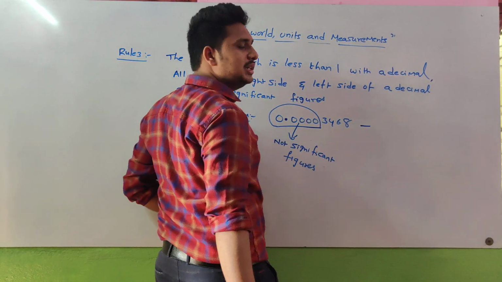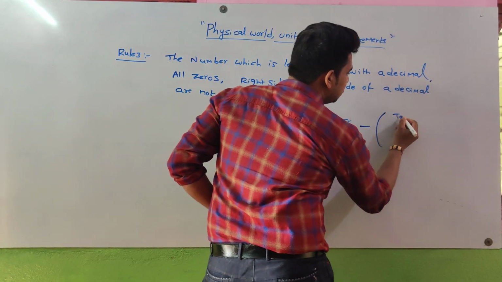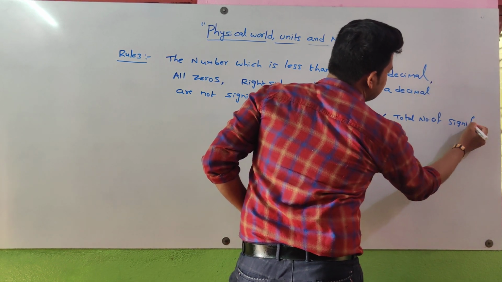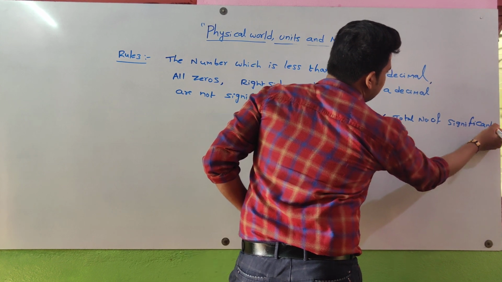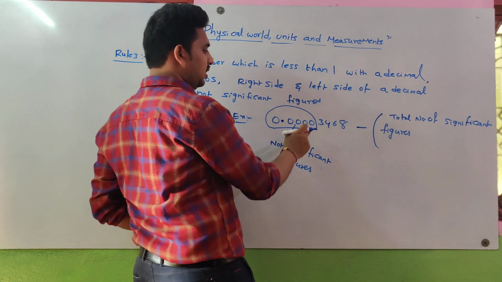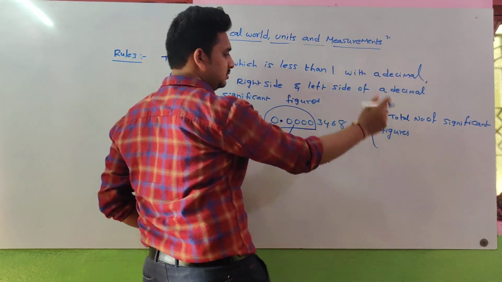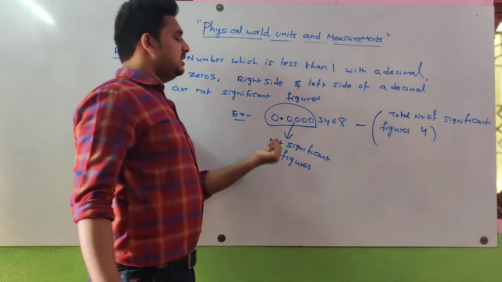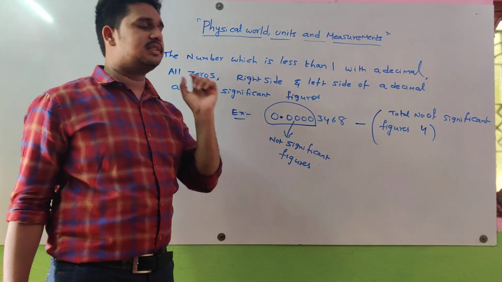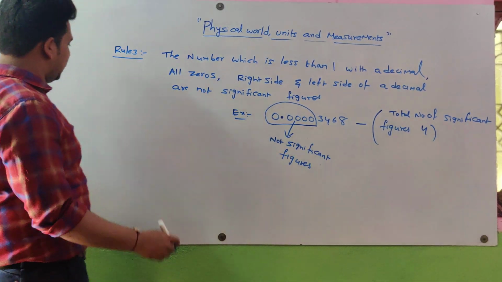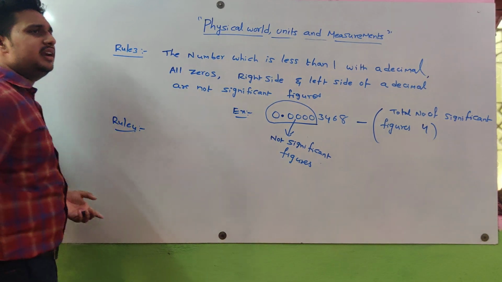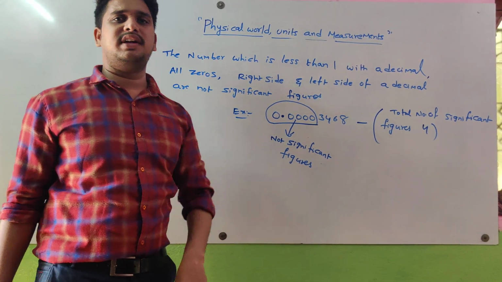The total number of significant figures in this number is 1, 2, 3, 4, because the zeros on the right and left side of the decimal are not considered significant figures. This is rule 3. It is very easy to find the significant figures of any number that is given.